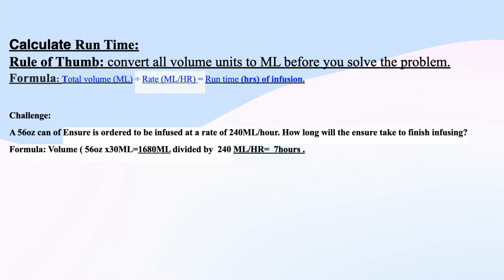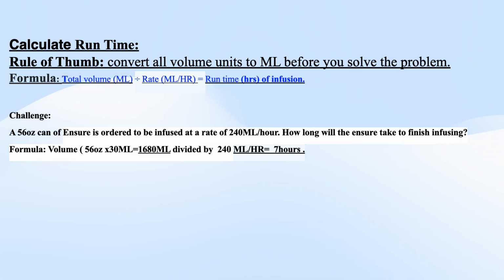Okay, so again, formula, we need the volume. Now this volume is given to you in ounces. Remember the rule, you need your volume to be in ml in order to solve these problems. And so you need to know your conversions very well. What is an ounce equivalent to in ml? 1 ounce is 30 ml.